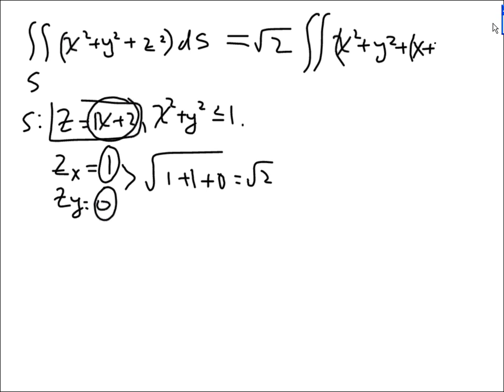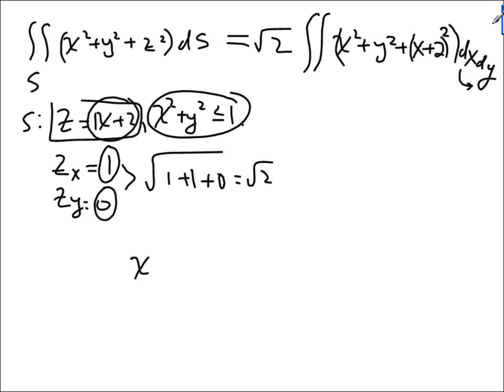Now we have two unknowns, at most two unknowns. dx dy. Now, what does x go from? X squared plus y squared is less than or equal to 1. That's inside the unit circle.